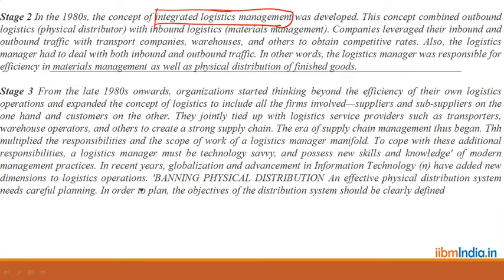From the late 1980s onwards, organizations started thinking beyond the efficiency of their own logistic operations and expanded the concept of logistics to include all the firms involved: suppliers, sub-suppliers on the one hand, and customers on the other. In early stage 1 and stage 2, we were not concerned about the customer, but in stage 3, which started in the late 1980s onwards, organizations expanded their concept of logistics to include suppliers and sub-suppliers on one hand and customers on the other side of the coin.